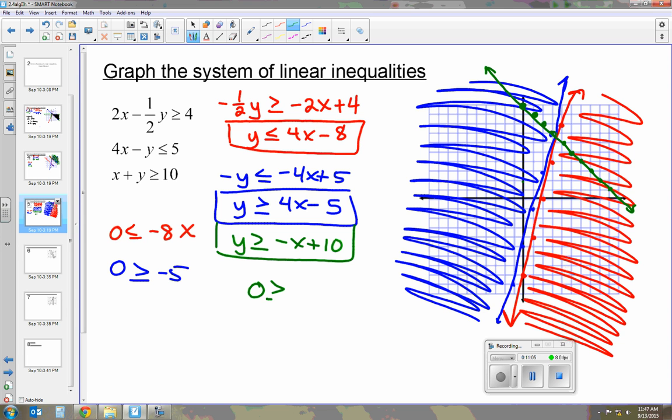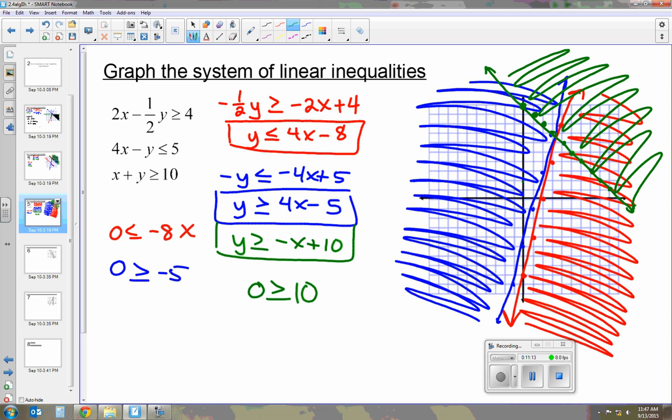Is 0 greater than or equal to 10? No, so we have to shade in the opposite direction. And if you notice, there is not one area where all three colors overlap. So this is actually an example of no solution, because we do not have an area where all three overlap.